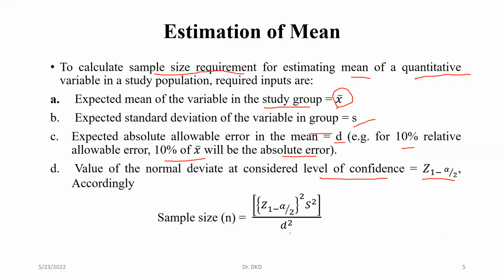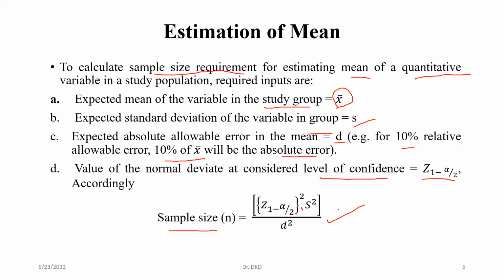So for that we can calculate the sample size as n equals Z1 minus alpha by 2 whole square, which means we can say Z square multiplied by S square, divided by D square. So this sample size formula is important to calculate the minimum sample size if mean and standard deviation are reported related to your objectives.